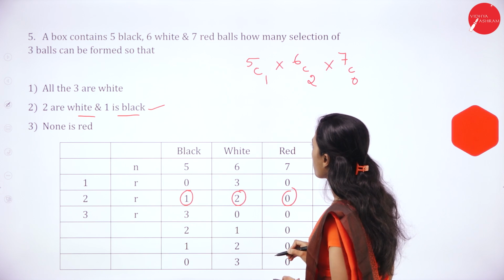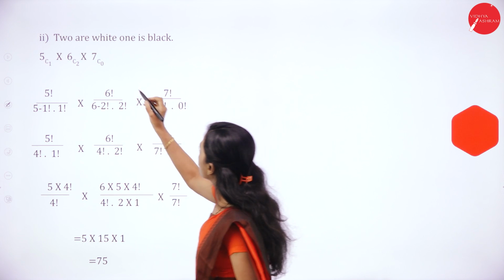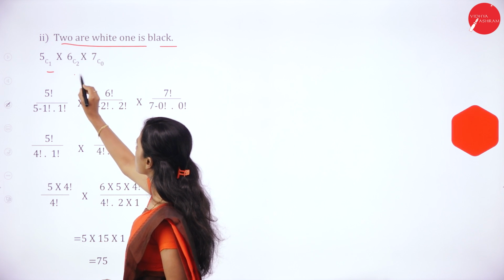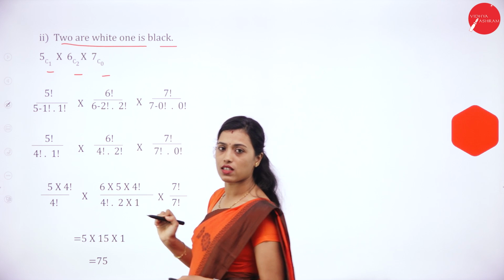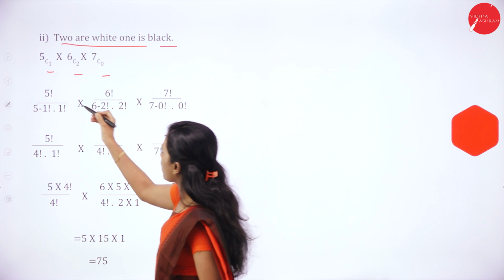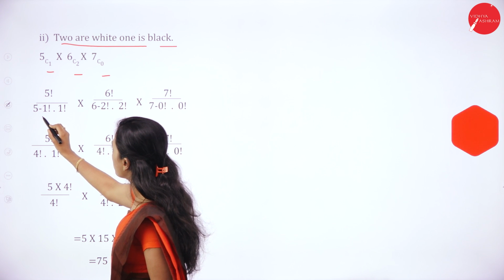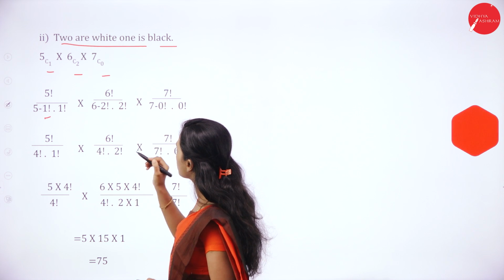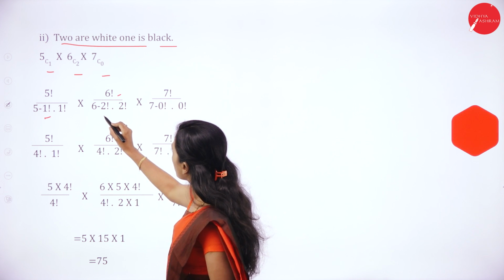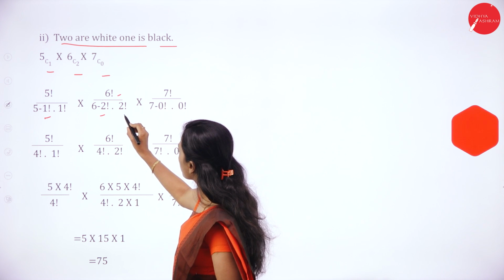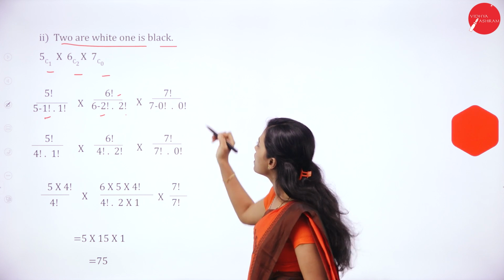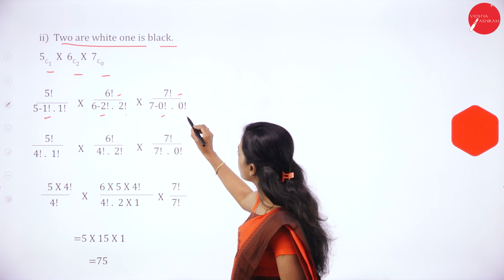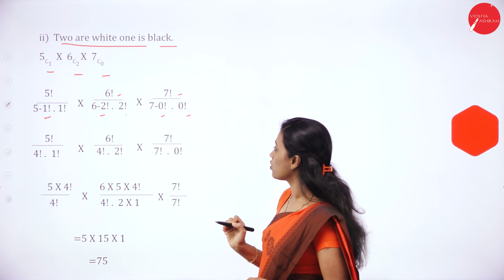We'll solve this. 2 are white and 1 is black. It is 5C1 into 6C2 into 7C0. So 5C1 is 5 factorial divided by 5 minus 1 factorial into 1 factorial. 6C2 is 6 factorial divided by 6 minus 2 factorial into 2 factorial. 7C0 is 7 factorial divided by 7 minus 0 factorial into 0 factorial.